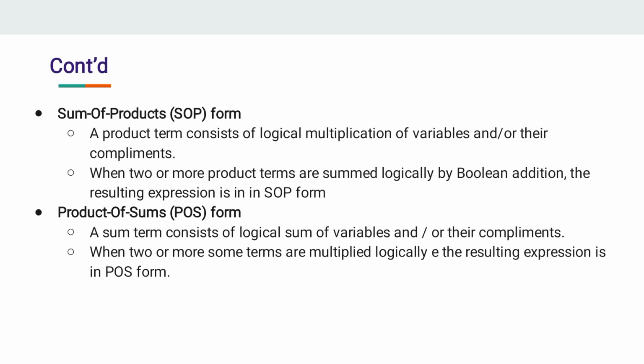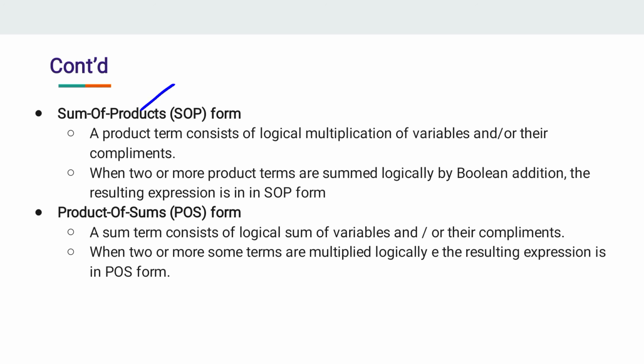Sum of products, that is the SOP form. A product term consists of logical multiplication of variables and/or their complements. So first you have to take the products. Products signify that it is a multiplication of variables. It may be a multiplication of variables or a multiplication of complements of the variables.